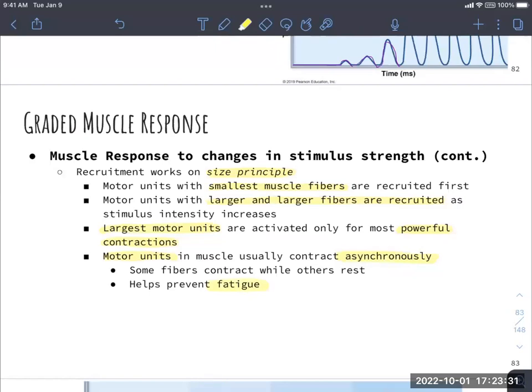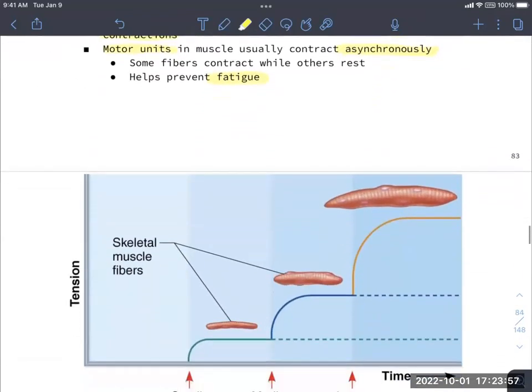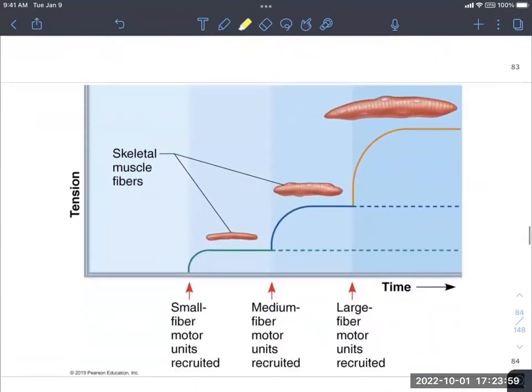That's why, as you train your muscles, it takes longer to fatigue, because only some fibers are getting recruited. If you keep doing the same movement over and over again, different muscle fibers will get recruited to do the same action while the other ones relax again. We need that to help us do something for longer periods of time.